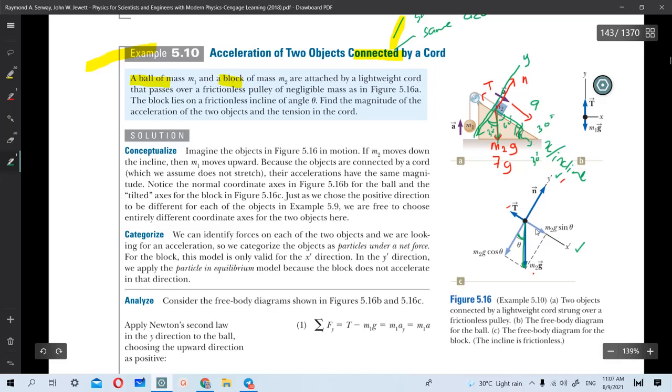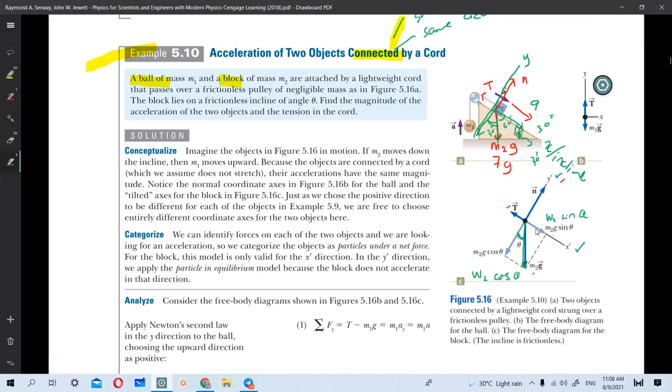Remember the tip from earlier in our class: if the vector of interest touches the angle that you are about to use, then it becomes cos, and this one would be sine. So it's almost like writing weight of mass number 2, sine theta, and this one is weight of mass number 2, cos theta.